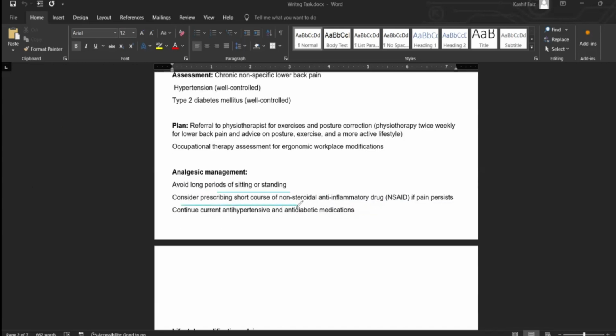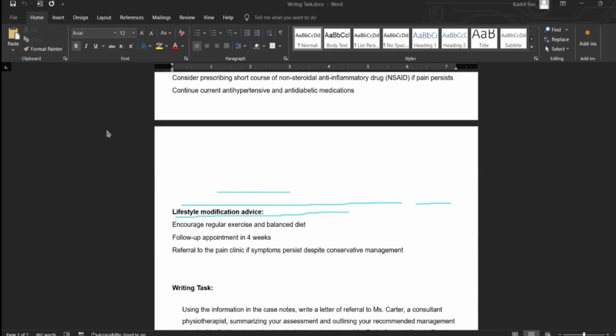Consider prescribing a short course of NSAID if pain persists. Continue current antihypertensive and anti-diabetic medications. Lifestyle modification: encourage regular exercise, follow-up appointment in 4 weeks, referral to the pain clinic if symptoms persist despite conservative management.